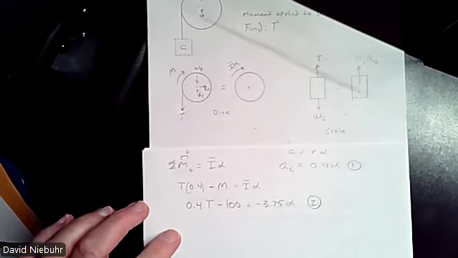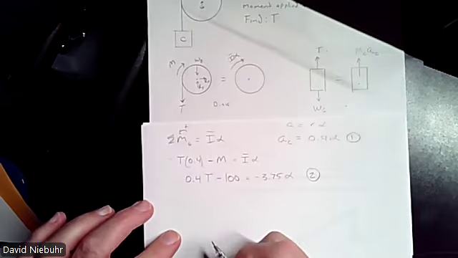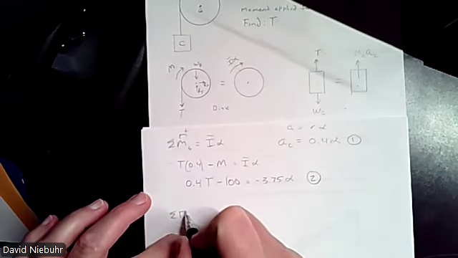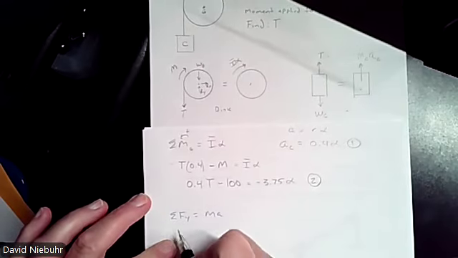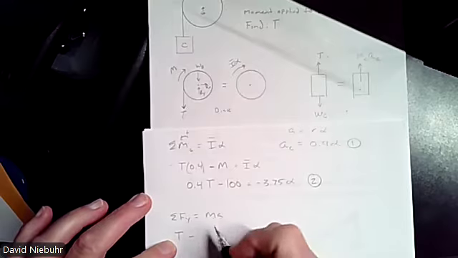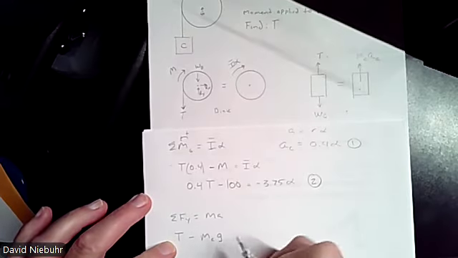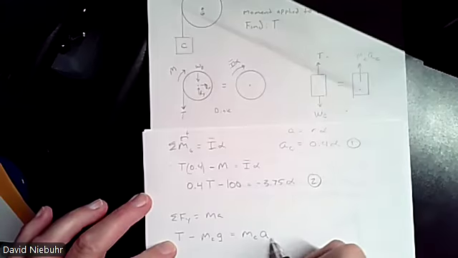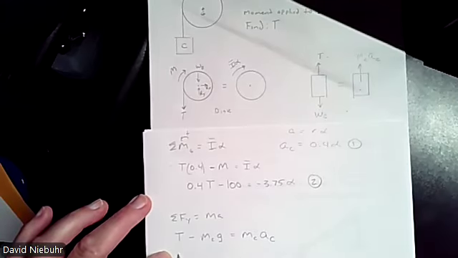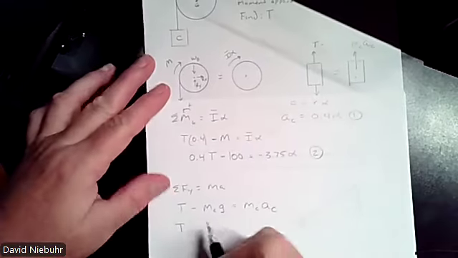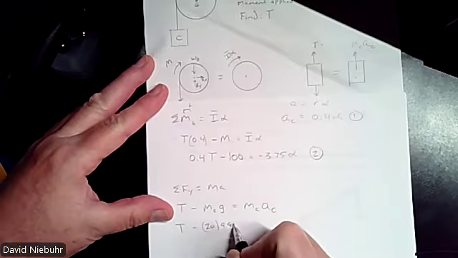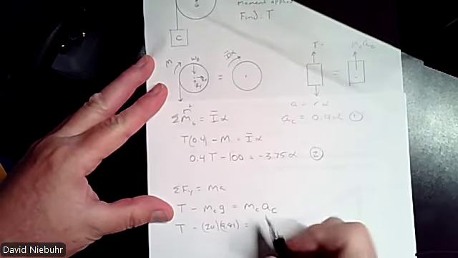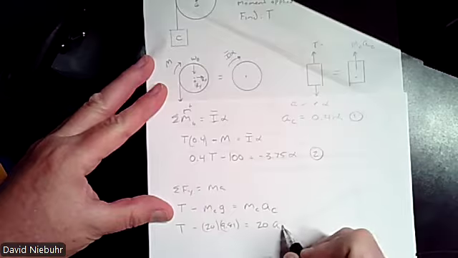Then we look at our crate. What does the crate look like? If we sum the forces in the y equal to ma, we get tension minus the mass of the crate times g equals the mass of the crate times the acceleration of the crate, or T minus 20 kilograms times 9.81 equals 20 times a_C.